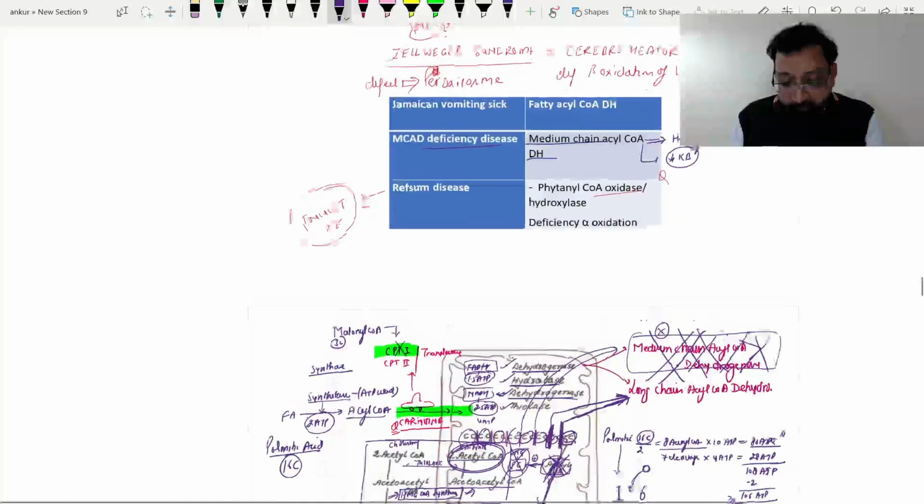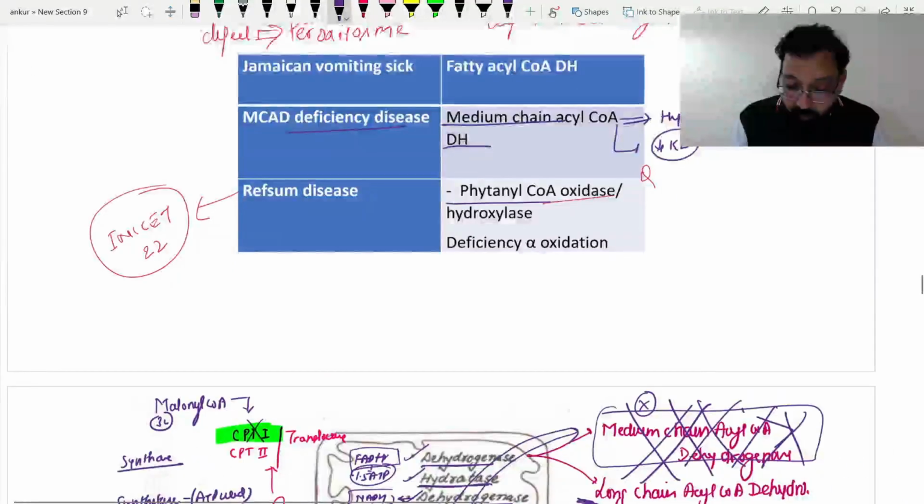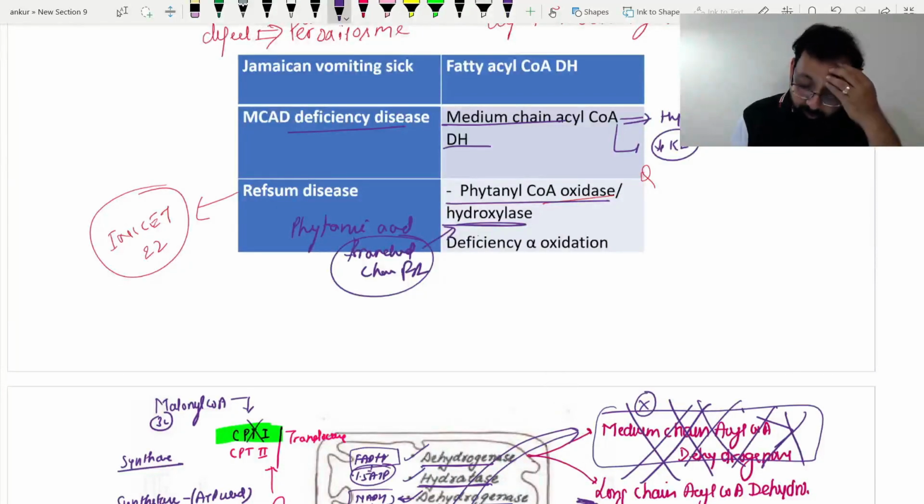Now, Refsum disease: there is a defect in phytanoyl coenzyme A oxidase. That is phytanic acid, a branched chain fatty acid, and in this the enzyme is deficient.